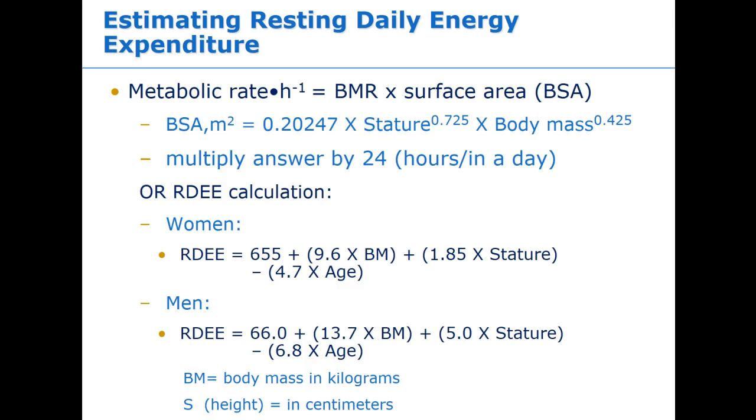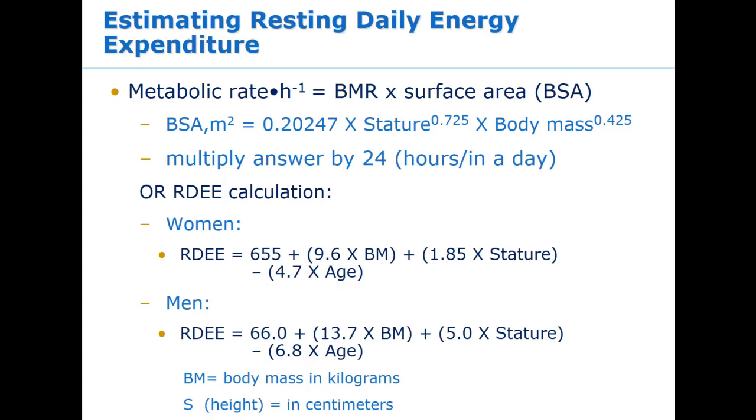Or you could do a resting daily energy expenditure calculation based on being male or female. And then you would put the information in according to body mass, according to your stature and age. The BM stands for weight in kilograms. The stature is for height in centimeters, and then your age is obviously age in years. So if you're curious to calculate what your body burns in one day, you could utilize this formula, and you get a kilocalorie answer in terms of your unit of measurement.